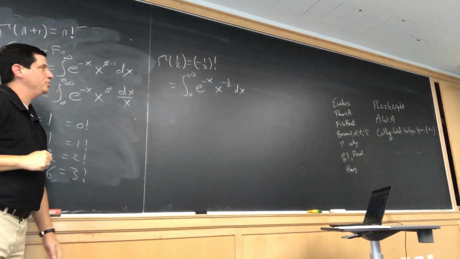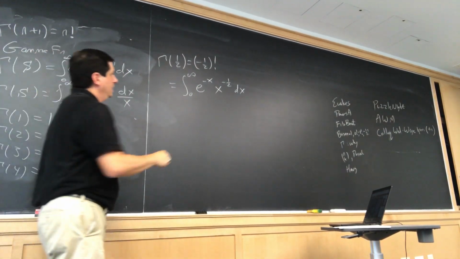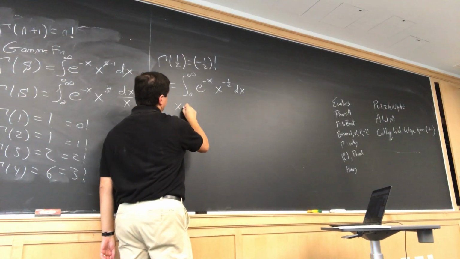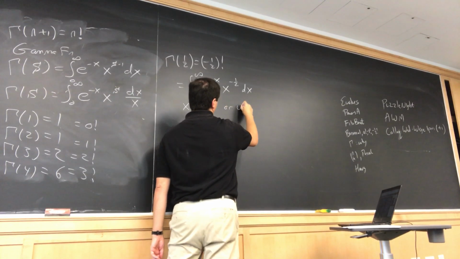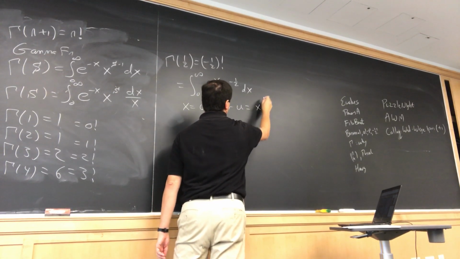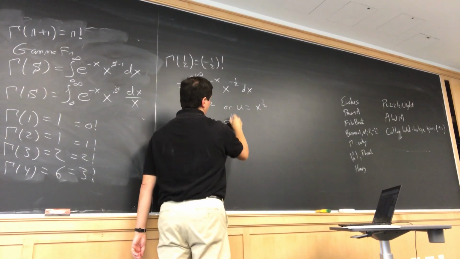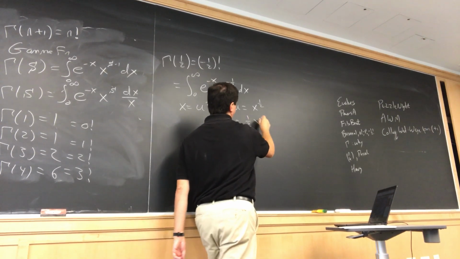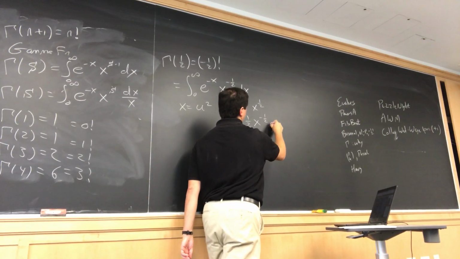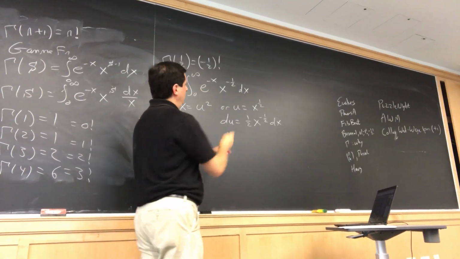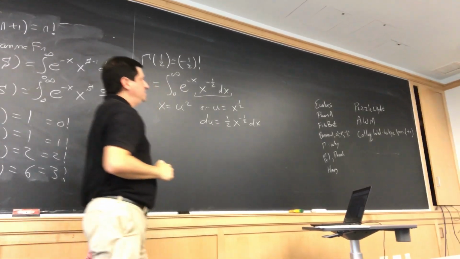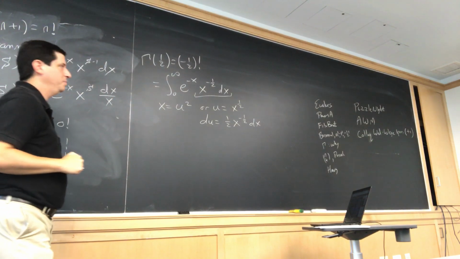This is screaming to do a change of variables. Let's let x equal u squared, or u is equal to x to the 1/2. So du is 1/2 x to the -1/2 dx. x to the -1/2, that's not bad.